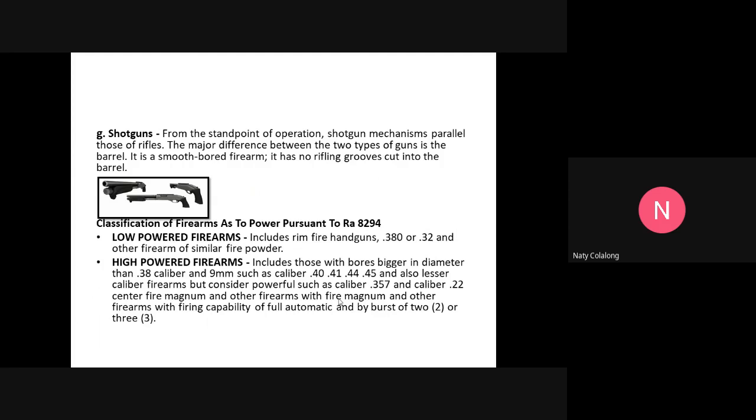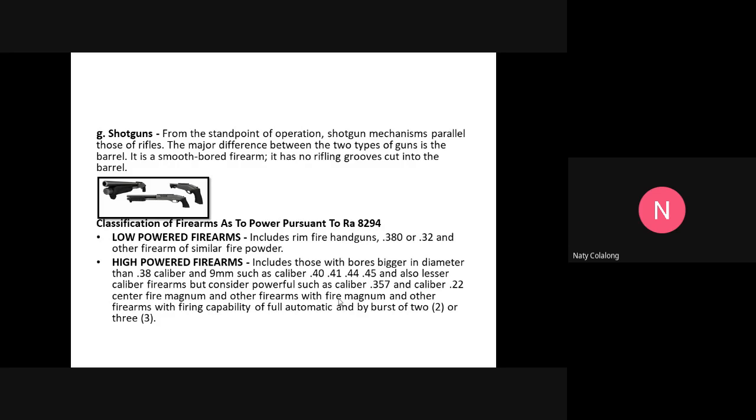from the standpoint of operation, shotgun mechanisms parallel those of rifles. The major difference between the two types of guns is the barrel. It is a smooth-bore firearm and it has no rifling grooves cut into the barrel. So ito po yung nature ng shotgun.